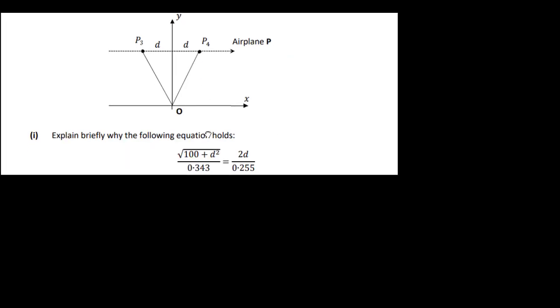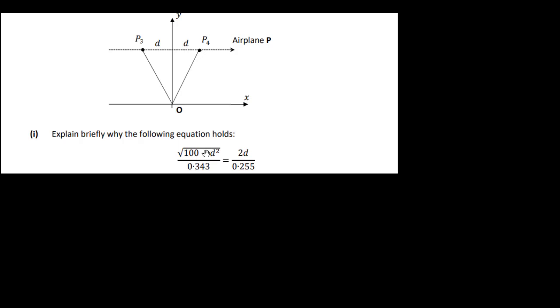Okay, so we have this here, looks like some kind of Pythagoras theorem. This is the speed of sound, this is the speed of the airplane, and this is the distance. So this is distance over speed, distance over speed. What we're looking at here is the distance the sound makes from here to here, divided by its speed. That's also equal to the distance that the airplane makes from here to here, divided by its speed.